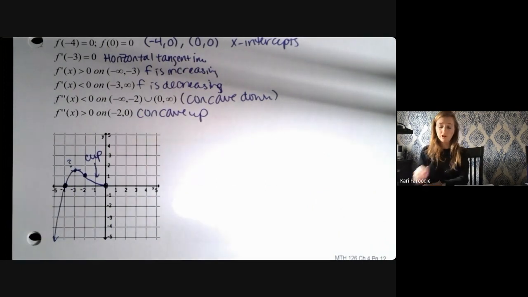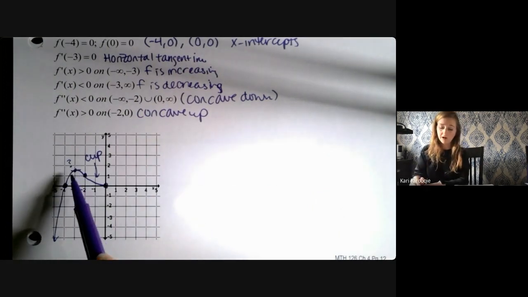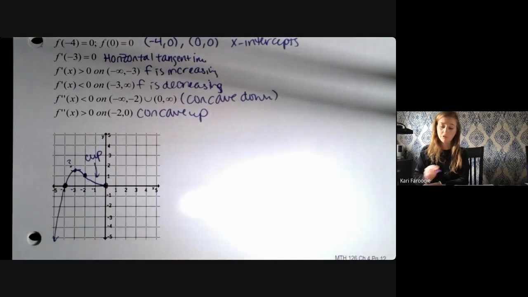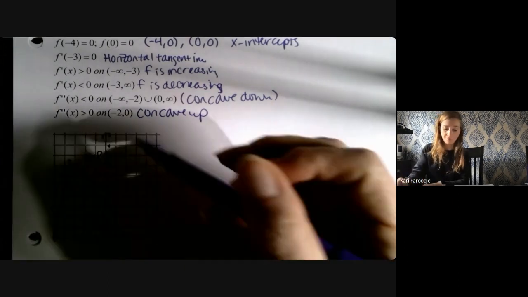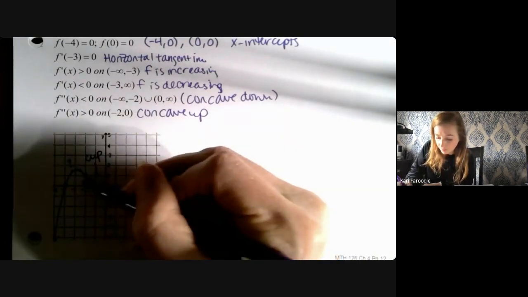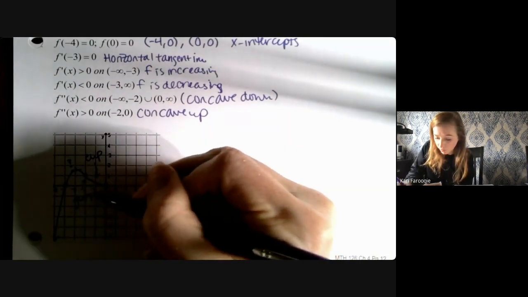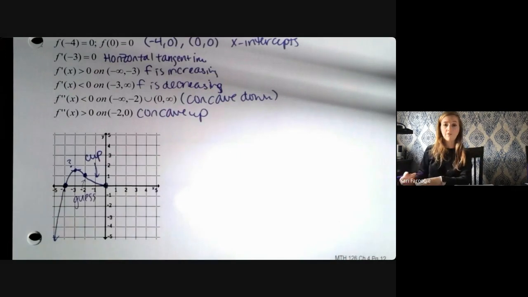Put it somewhere where it makes sense. Maybe you have it a little bit higher, slightly lower, but it can't be too low. Otherwise, it can't be concave down up to that point, kind of depending on where you put this value. Again, this was just a guess. We don't actually have a value there to graph. So we put it there because it matched the information, but it doesn't have to be exactly right there.